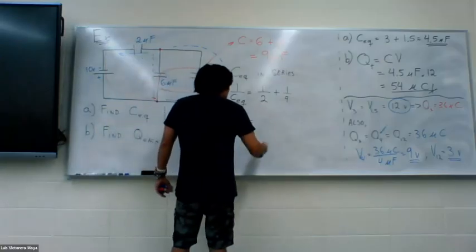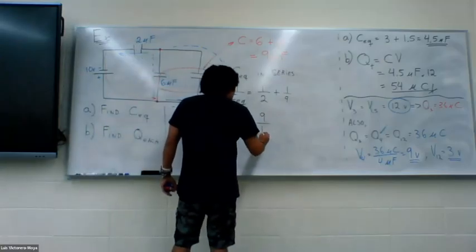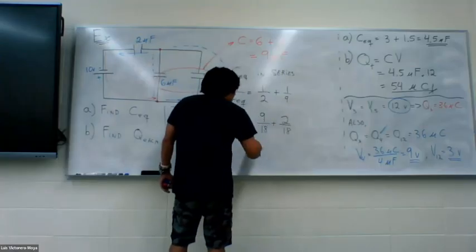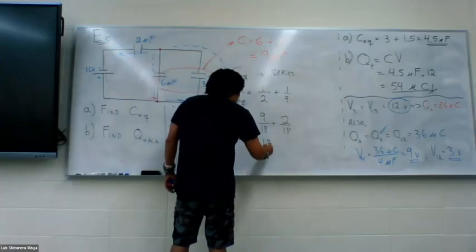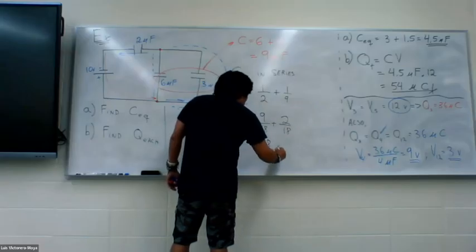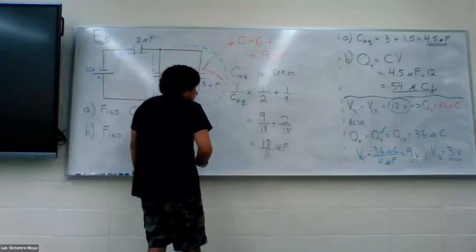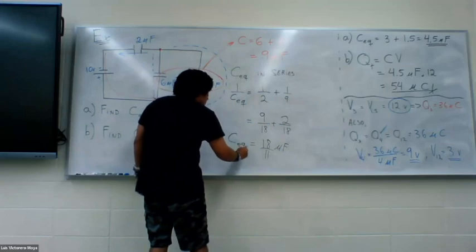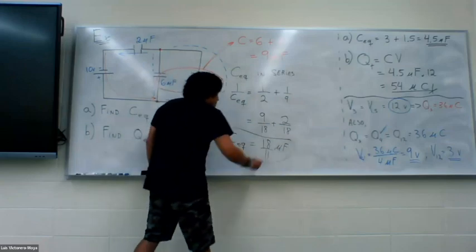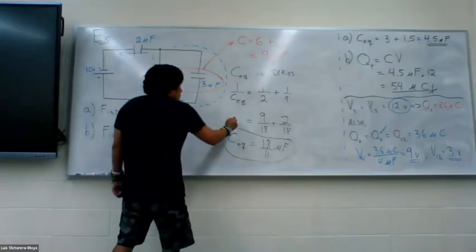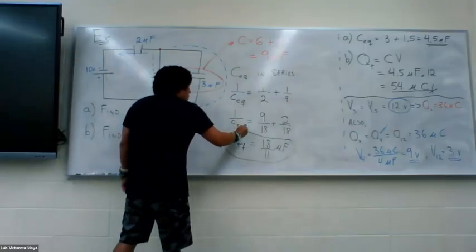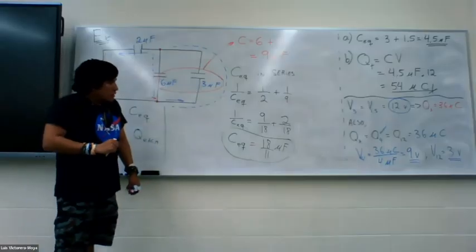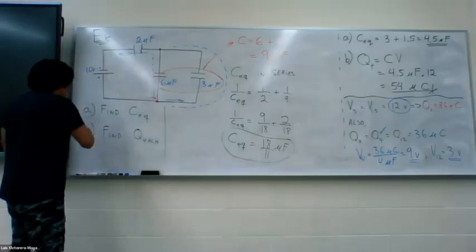So 9 over 18 plus 2 over 18, that gives you 11 over 18, so C is 18 over 11 microfarads. Okay, so I found this.